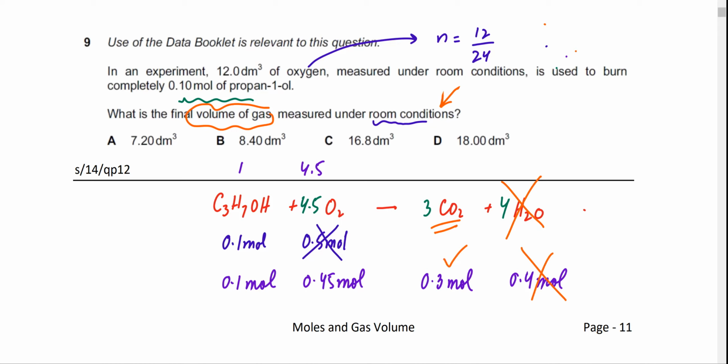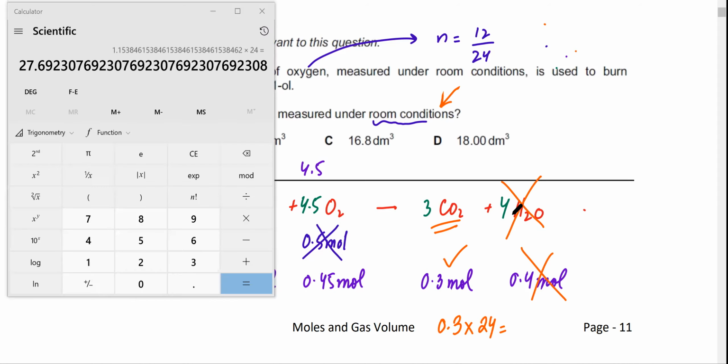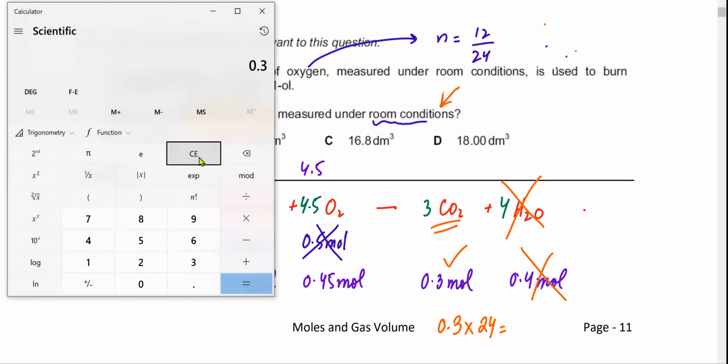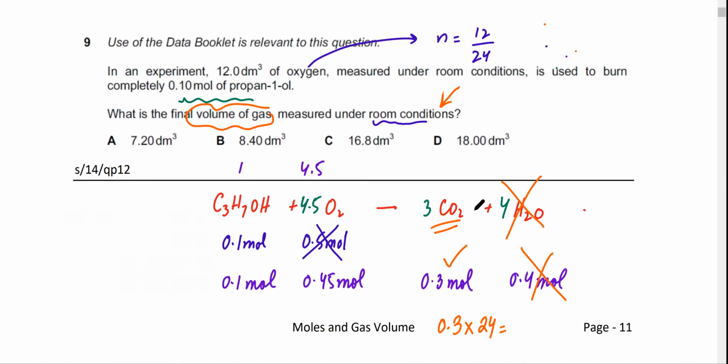How do you find the volume of carbon dioxide gas? That's going to be 0.3 multiplied by 24 dm cube. So that gives me 7.2 dm cube.